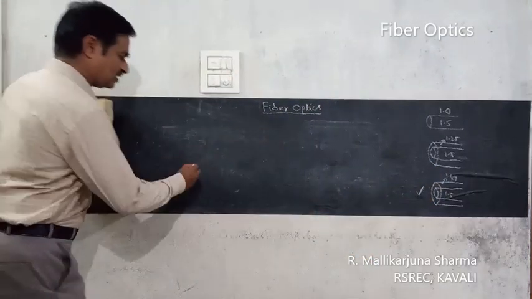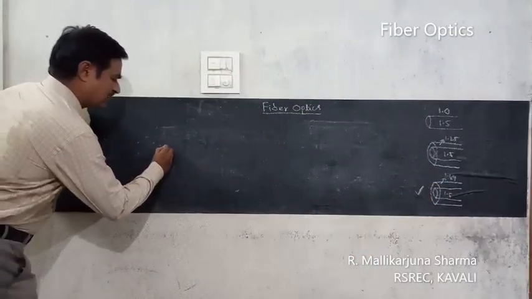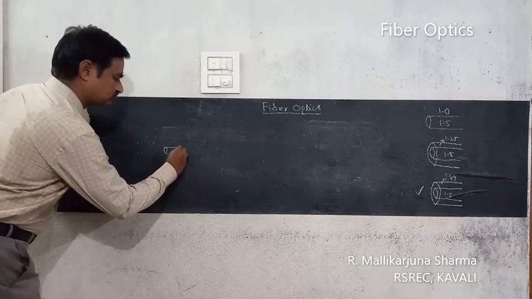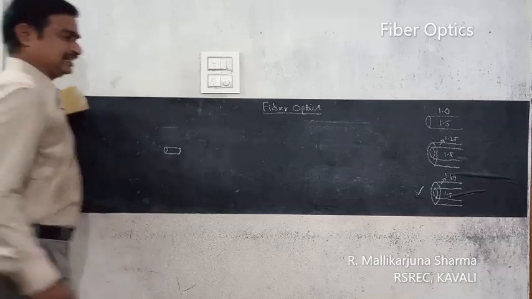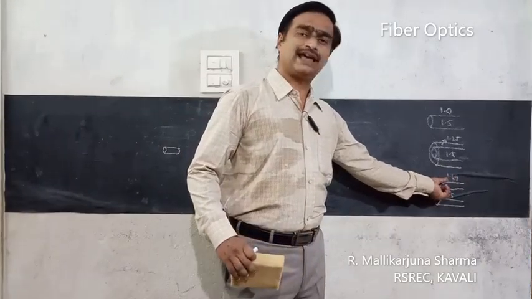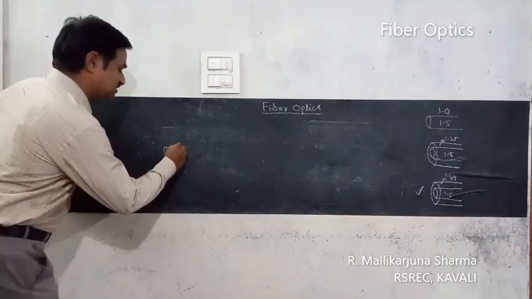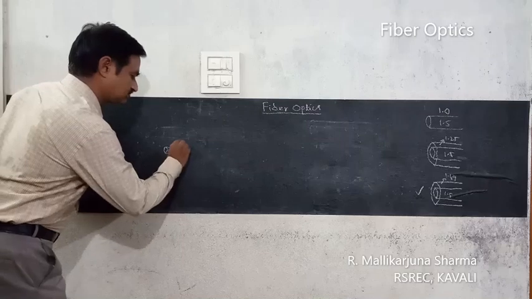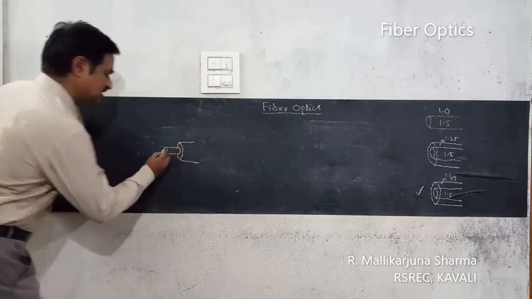The central part is called the core. The next layer, covering the core, is called the cladding. This is the core.